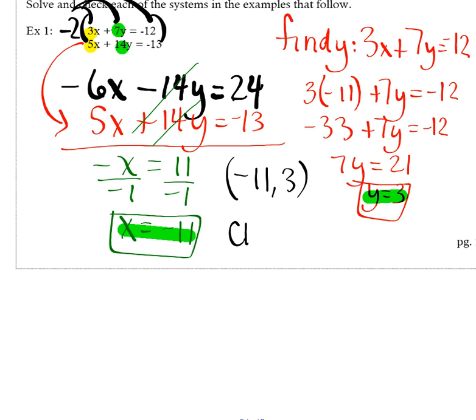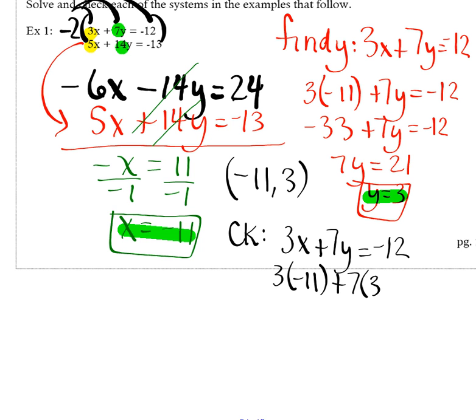Now I have to do a check in both of the original equations. So let's do a check. And again, it has to be in the original equations. So I'll write 3x plus 7y equals negative 12. Do my substitution. Negative 33 plus 21, does that equal negative 12?